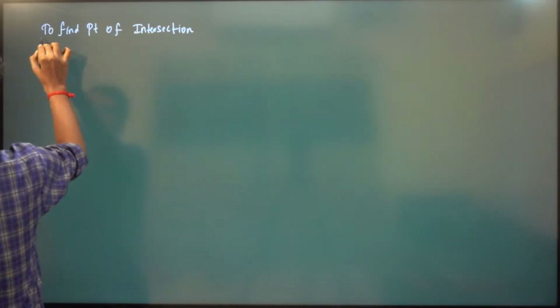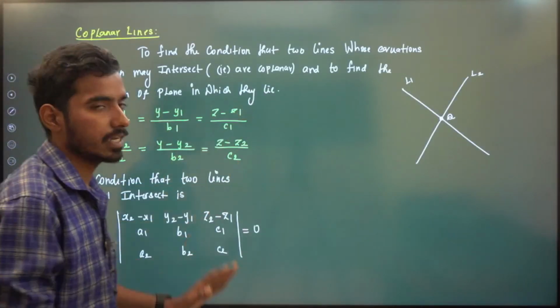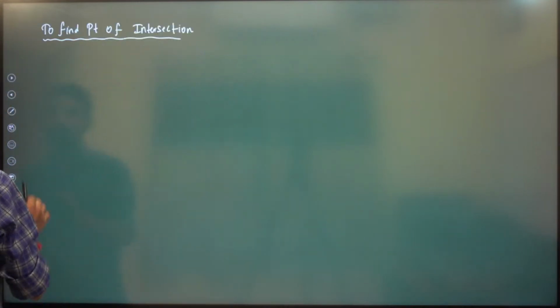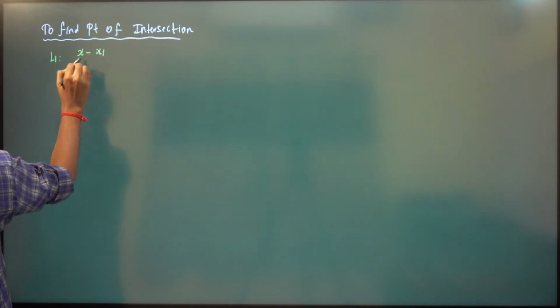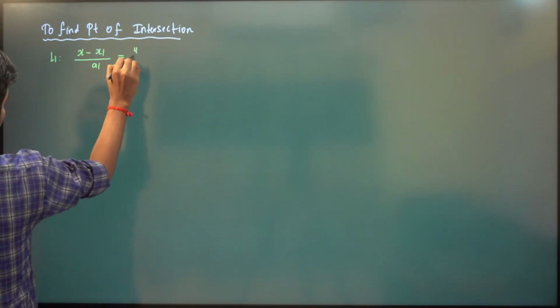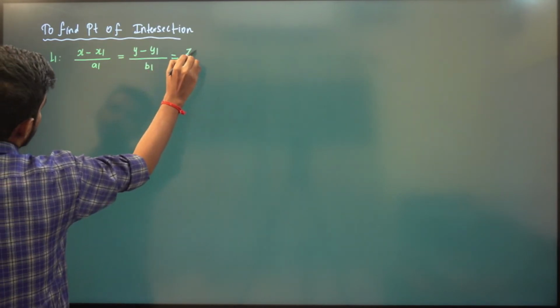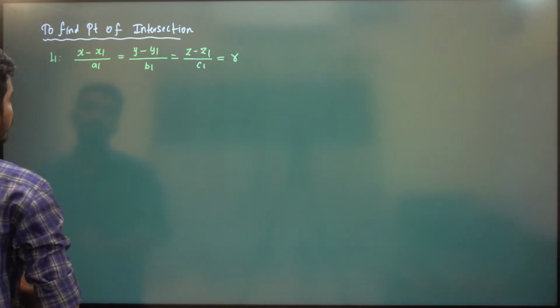so to find the point of intersection, let us say the first line is equal to R, second line to be equal to some S, right? Let us equate that. So we have L1. What is L1? It is x minus x1 divided by A1, y minus y1 divided by B1, z minus z1 divided by C1. Let us say it is equal to some R, right?